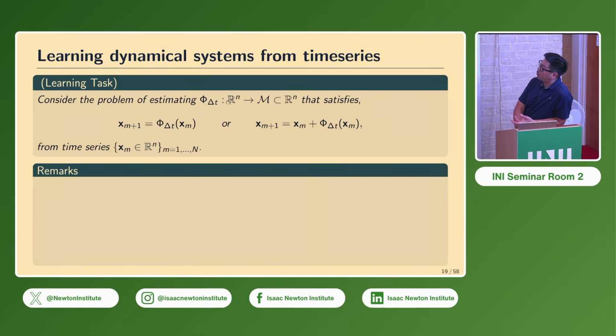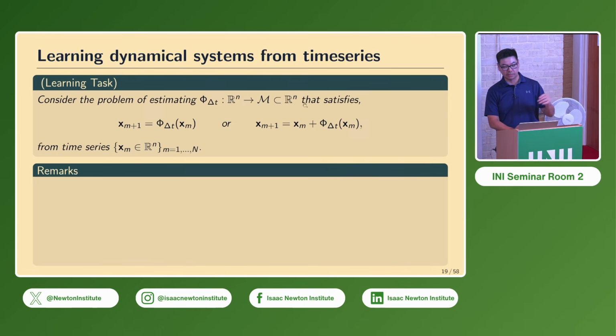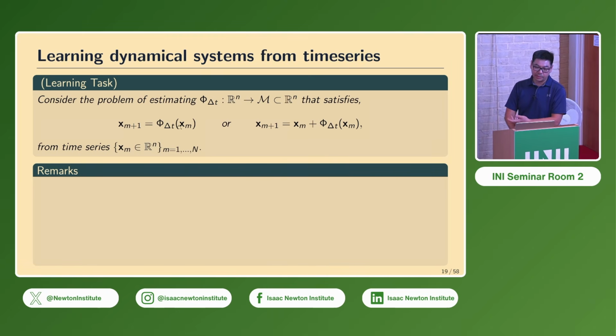It takes Rn, the base space, and sends it into some invariant set, a subset of Rn, satisfying this. Either you model it this way, or you can model the residual. So one or the other. Okay, let's just concentrate on this one.